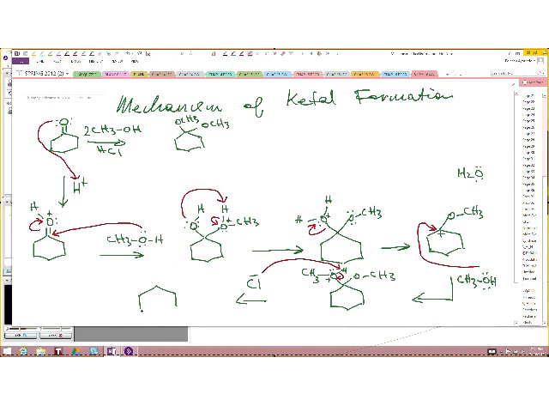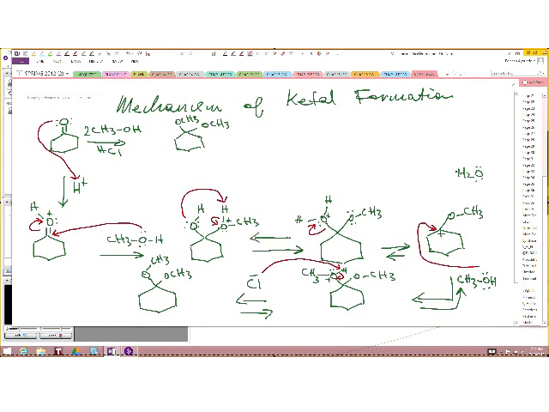Of course, this reaction, that mechanism that I've given you, is a reversible process. All of these reactions are reversible. So you could actually direct this reaction to go the direction that you want.